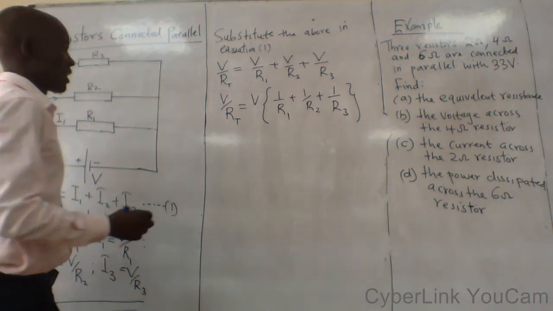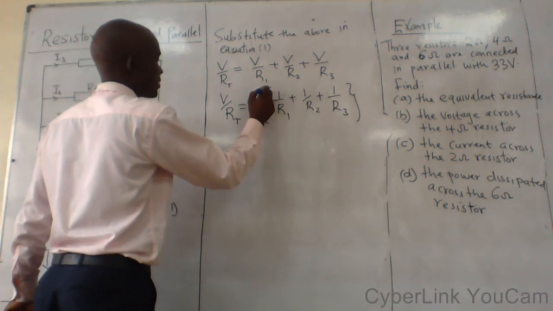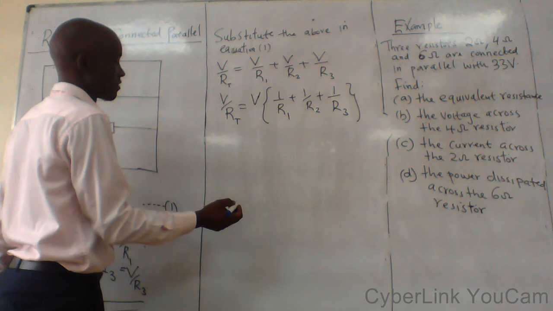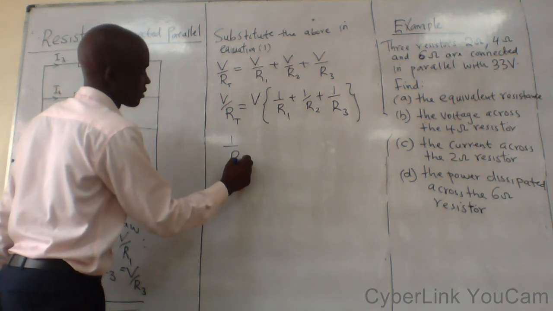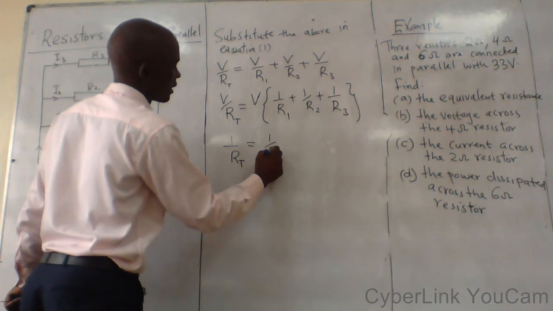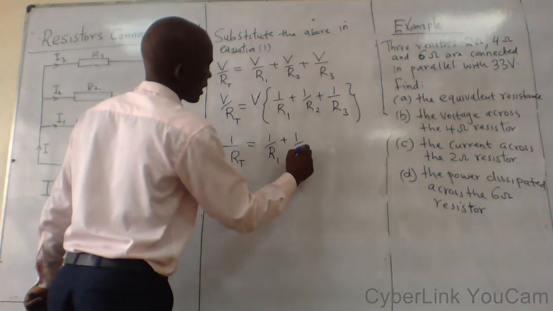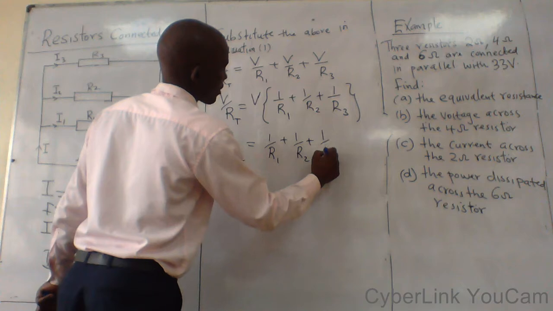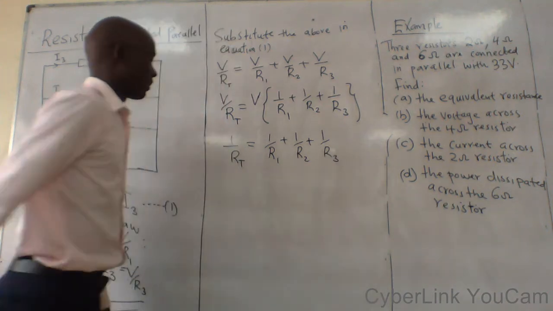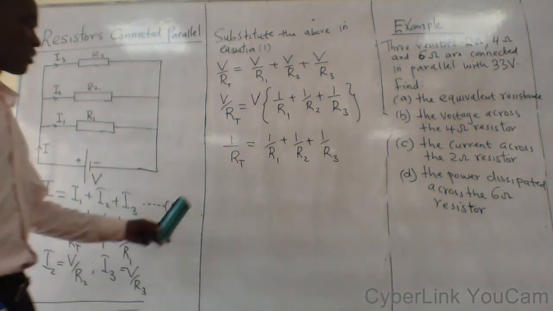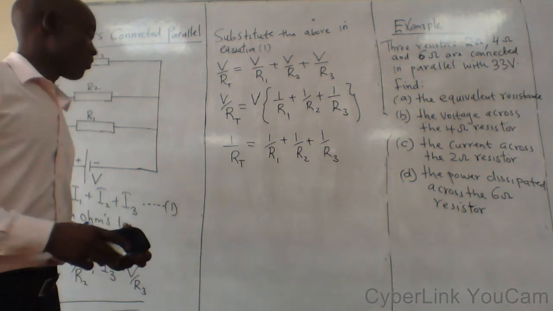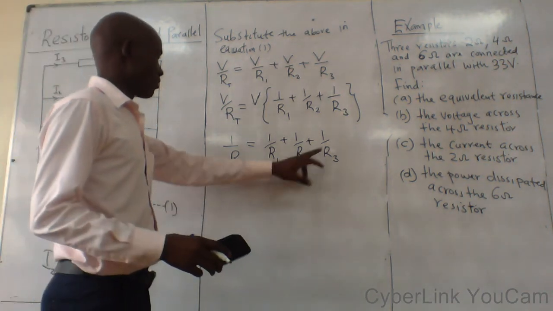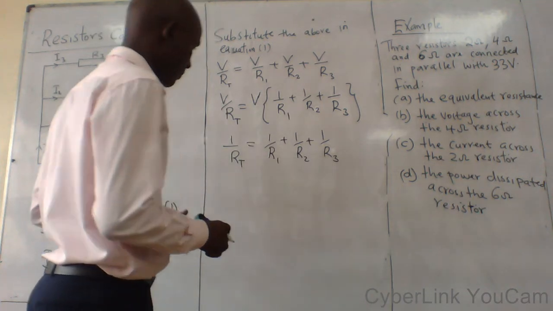Once you are there, you can cancel out V on both sides, where you will get 1 over R total is equal to 1 over R1 plus 1 over R2 plus 1 over R3. So this is now the formula for getting the total resistance.